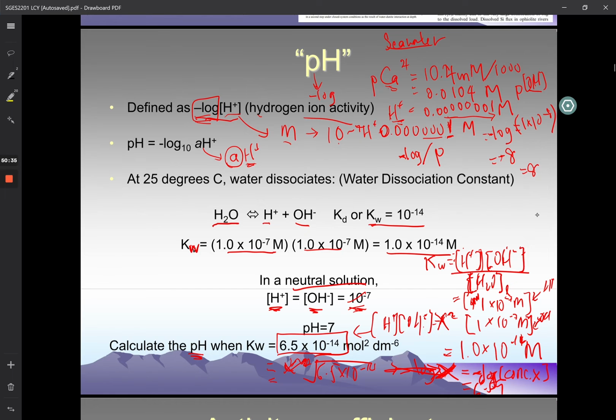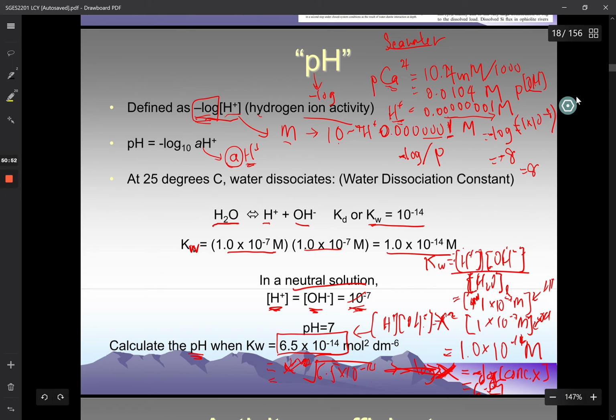This is how pH can be calculated based on the concentrations of hydrogen in a chemical reaction.